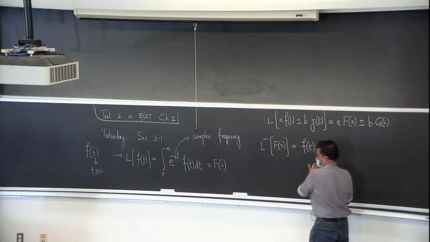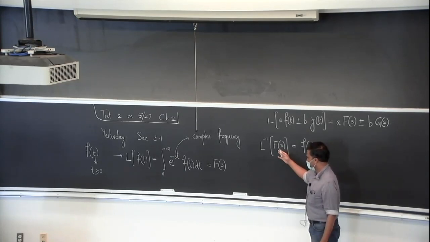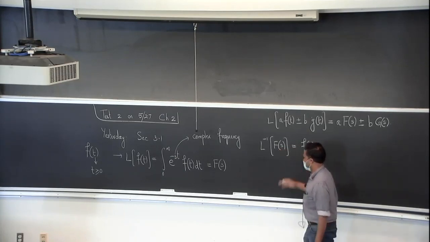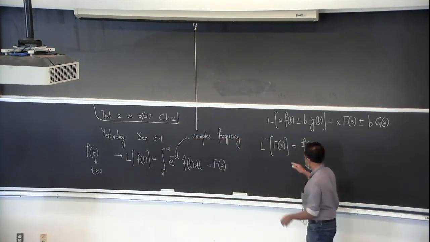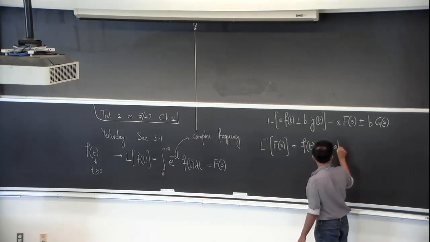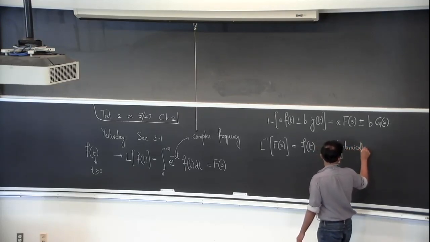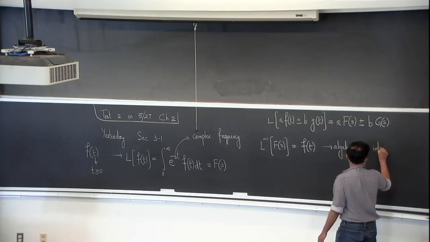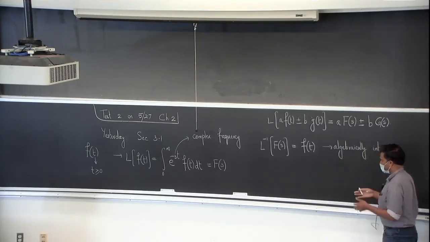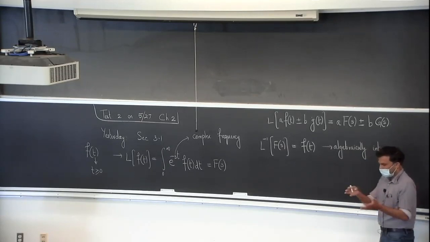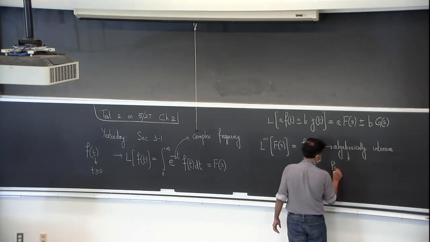That is what you're trying to do here, because we don't want our answer in terms of some mysterious things. We want everything in terms of what you started with. So the inversion process is the more algebraically intensive part of this problem. We were looking at a few cases yesterday, trying to see how to manipulate the terms so that we could match the table. It usually means partial fractions.